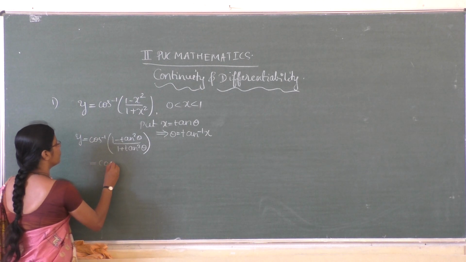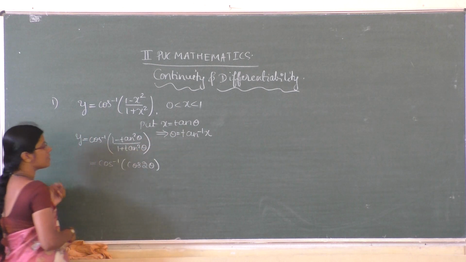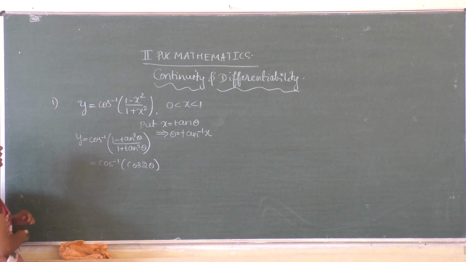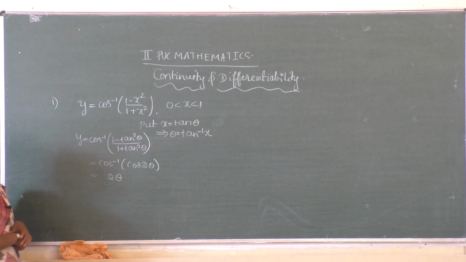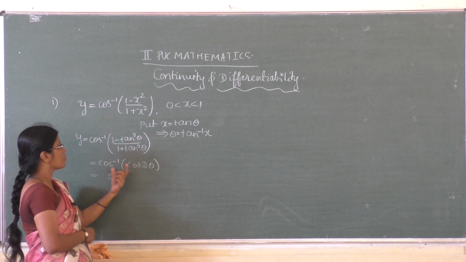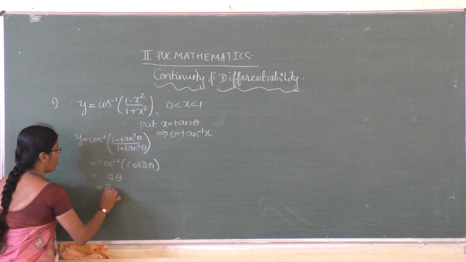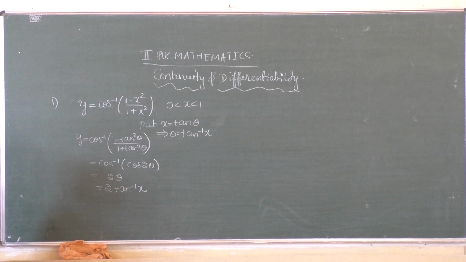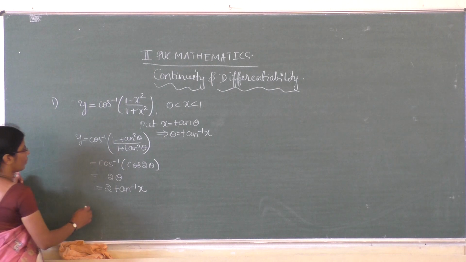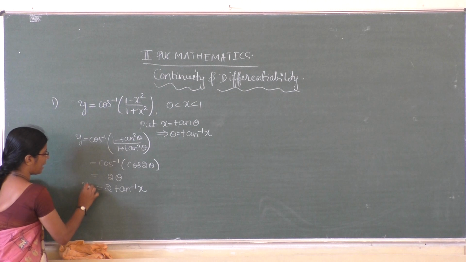So cos inverse of cos 2 theta, and the condition is already given, 0 less than x less than 1. So cos inverse of cos 2 theta equals 2 theta, but you have to write theta in terms of x only. So theta equal to tan inverse of x, so y equal to 2 tan inverse x.